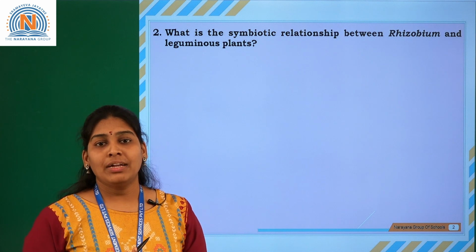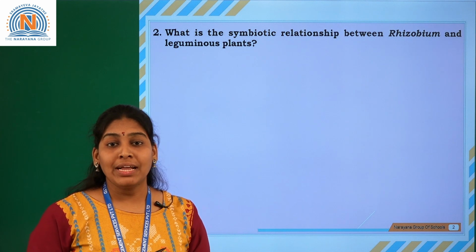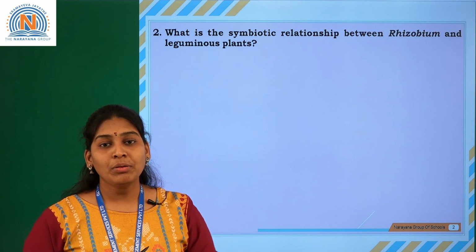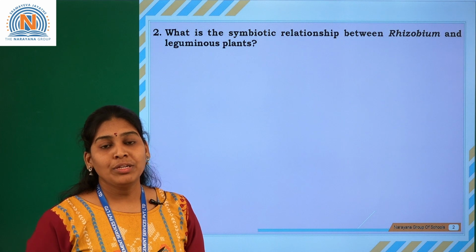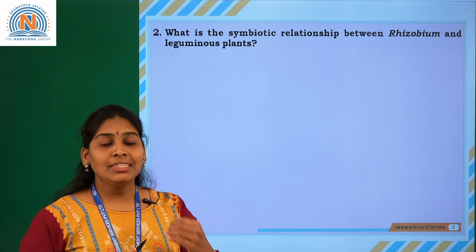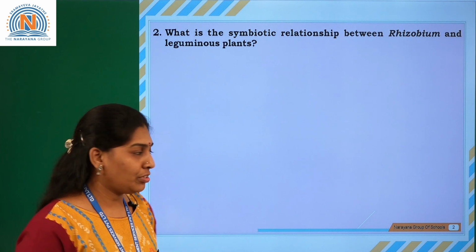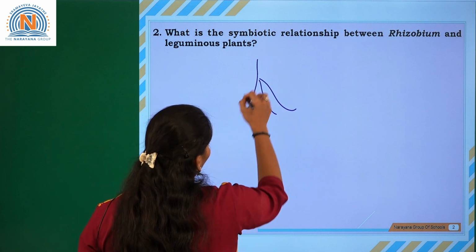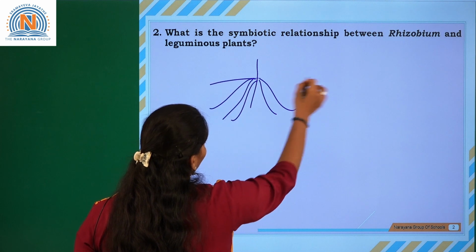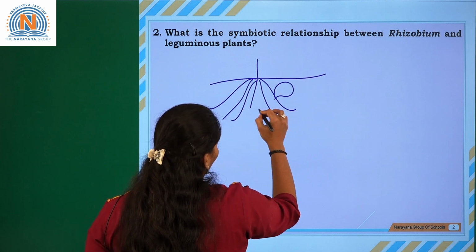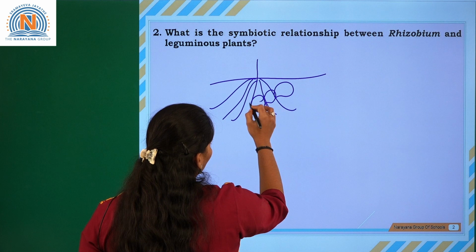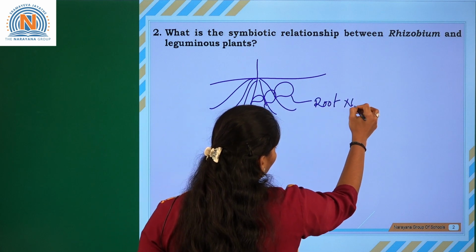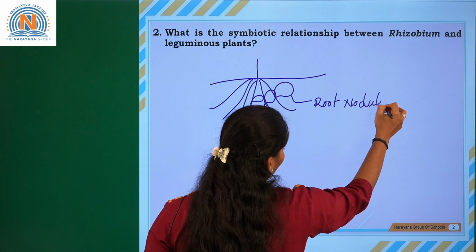In plants like pea and groundnut, there are nodules in the roots. In these, rhizobium stays and fixes nitrogen. Here you can see the root nodules of the pea plant or groundnut, the bulged structures.